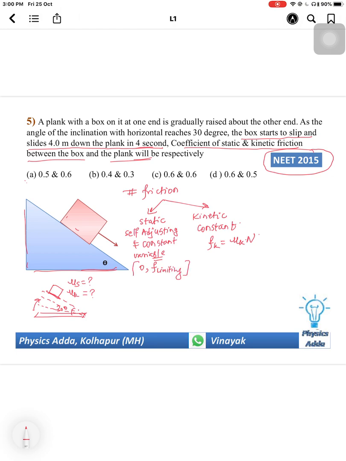This is the range. It will try to adjust itself such that it opposes the tendency of relative motion. It means there will be no relative motion, but there will be a tendency of relative motion, which static friction will oppose with a self-adjusting value between 0 to F limiting. This is the meaning of static friction.